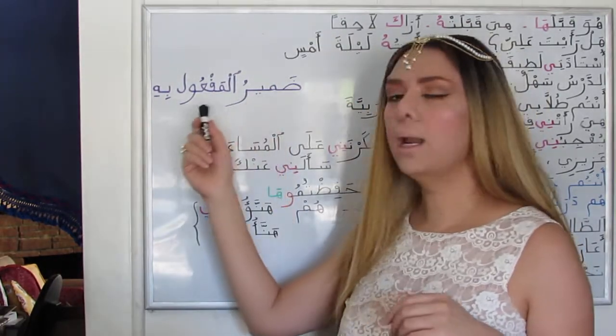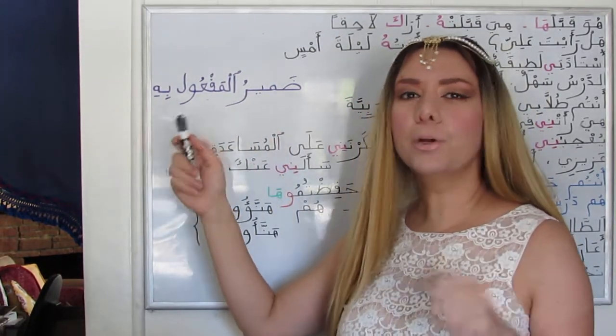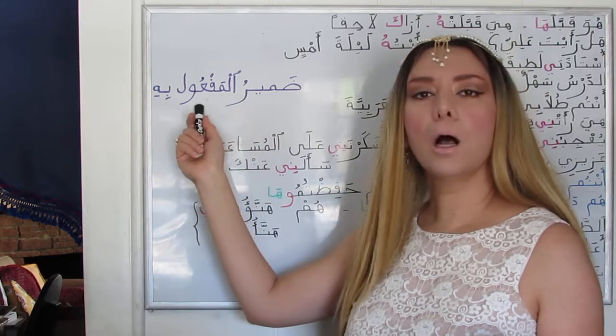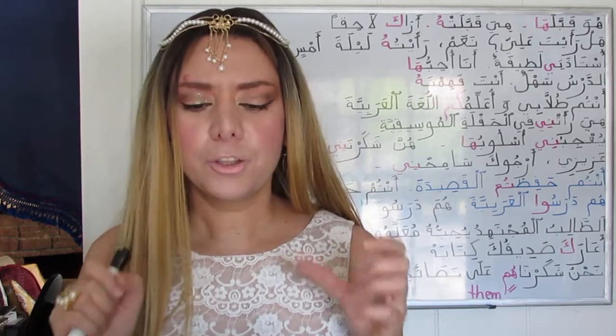An object pronoun, ضمير المفعول به, is used when you do something directly to someone or something else. There are suffixes that are attached to the verb.